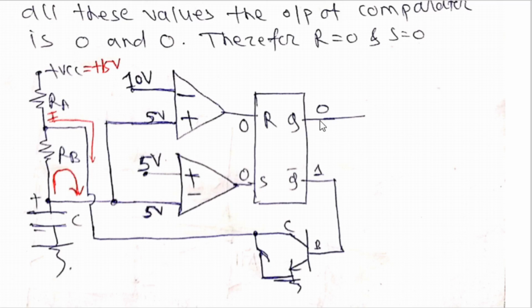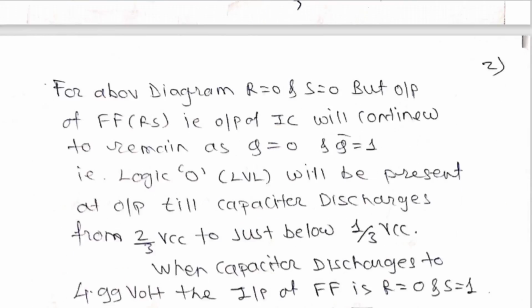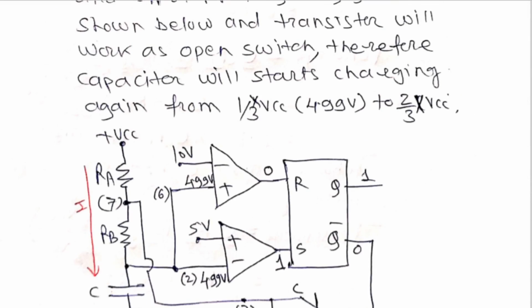So here logic 0 will remain there till the capacitor gets discharged from 2/3 VCC to 1/3 VCC. Now, as soon as the voltage across the capacitor goes below 5 volt, that is 4.99 volt, the action will be somewhat like this.